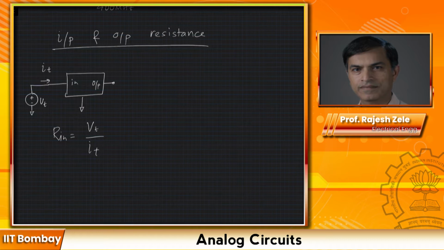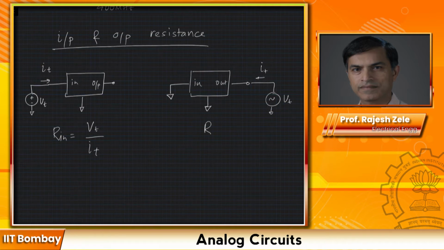When we want to measure output resistance, we take the circuit. Let's say this is input, output, and in this case we want to ground the input, analog ground the input, and then we measure. This is our V test, and we measure what's the I test going in.